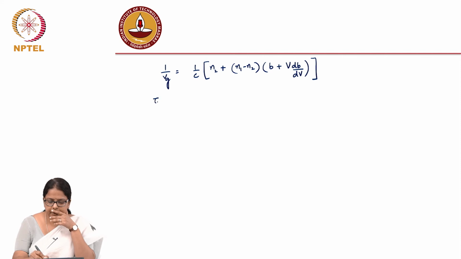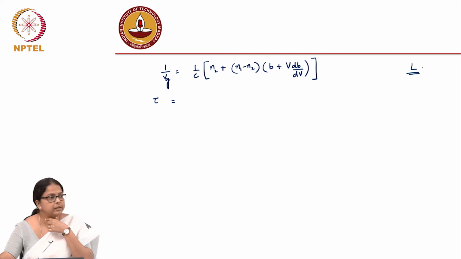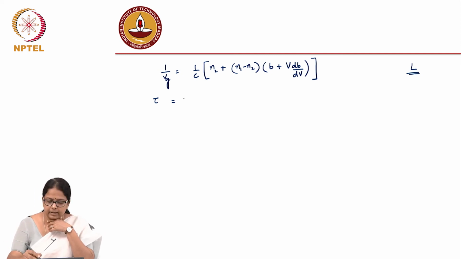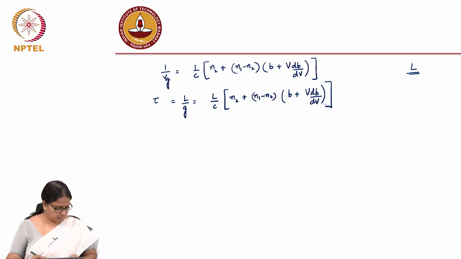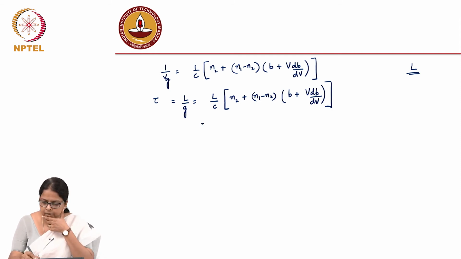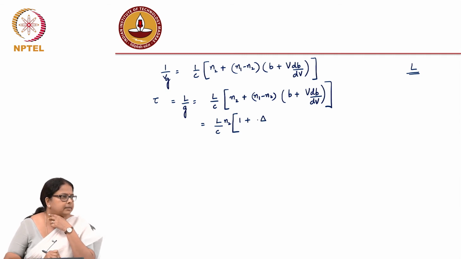So, my propagation time is going to be, if I say L is the total length of the fiber, L divided by Vg. So, this is nothing but L by C n2 plus n1 minus n2 times b plus v db by dv. I could put out L by C n2 out and then write it as 1 plus, I can approximate this as delta.